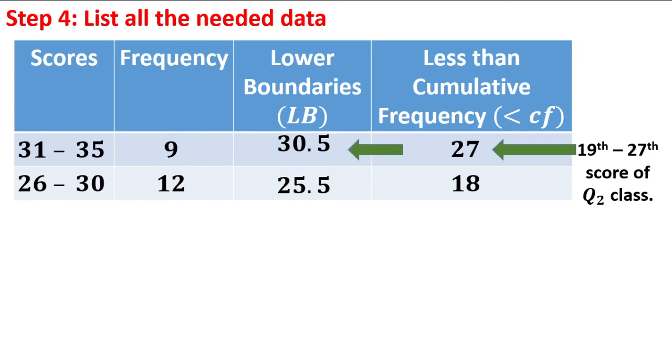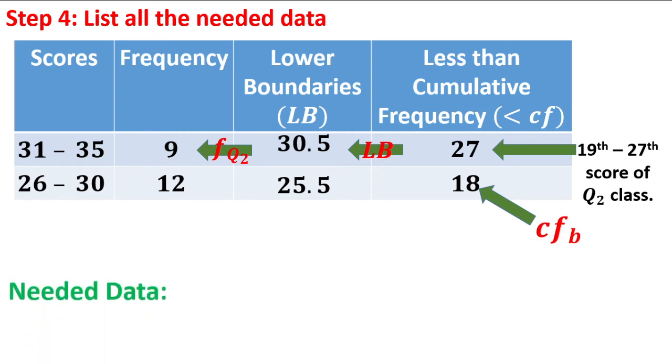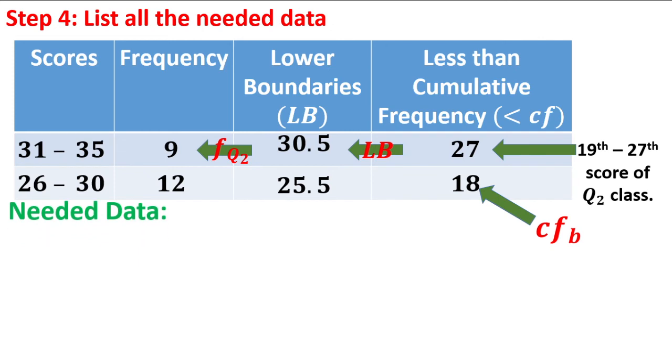Okay? Next, so 30.5 is the lower boundary of the 25th score, and 9 is the frequency of the 25th score. 18 is the cumulative frequency before the second quartile class. And I is what? I is 5. Sa isang class interval, usually odd number yung interval natin.